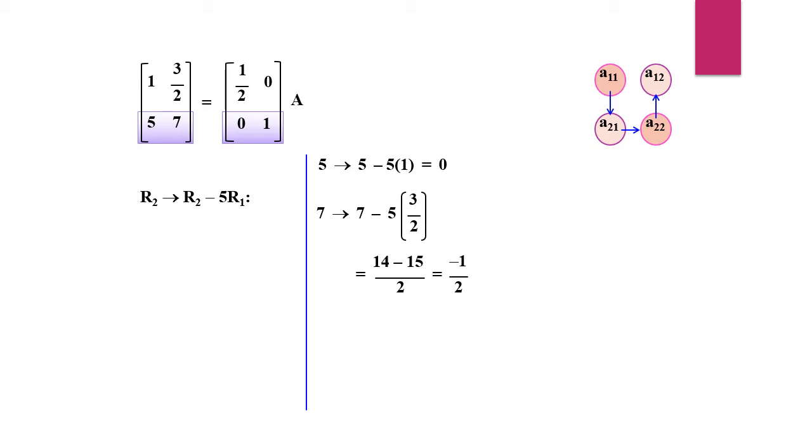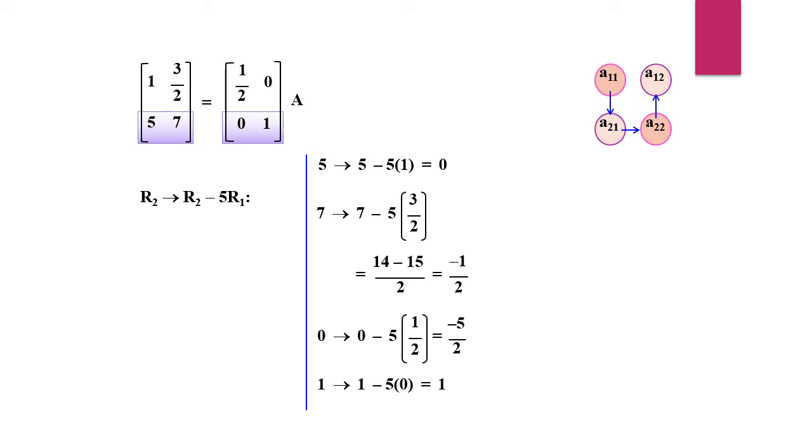On simplifying we get minus 1 by 2. Next the third term, that is the second row first element of I, 0 minus 5 into 1 by 2, we get minus 5 by 2. Next consider the second element of R2's identity part, we get 1 minus 5 into 0, which is equal to 1. So the elements of R2 are transformed into 0, minus 1 by 2, minus 5 by 2 and 1.